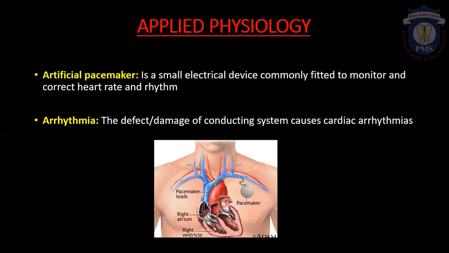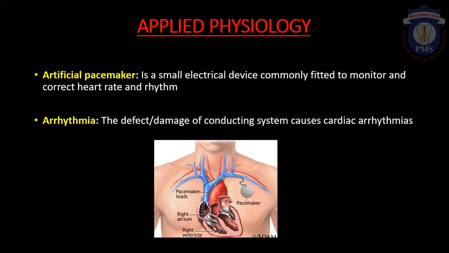Since physiologically the cardiac impulses are initiated in the SA node, it is considered the primary pacemaker of the heart, which doesn't mean that the remaining three components are unable to initiate impulses. Once the SA node is impaired, the AV node will take action. Once the AV node is impaired, the bundle of His will take action. And once the bundle of His also gets impaired, the Purkinje fiber will take action. So that is all about the cardiac conducting system.